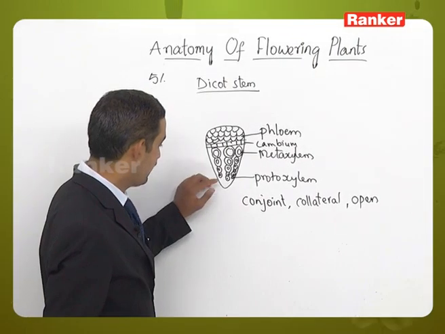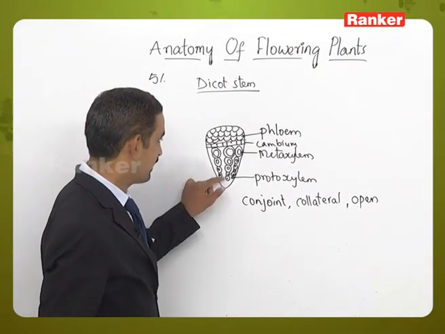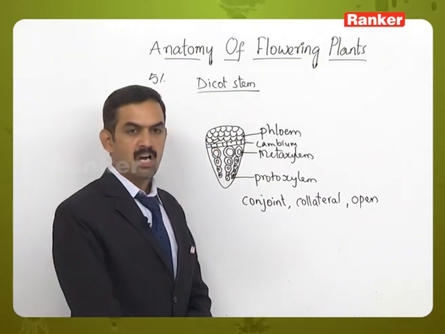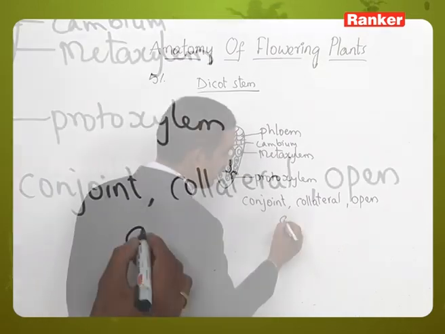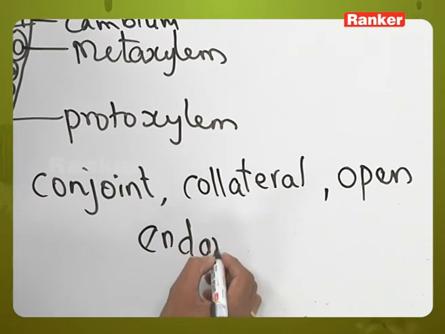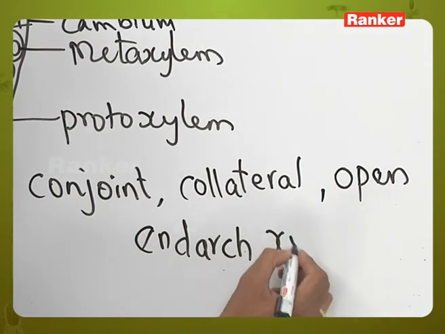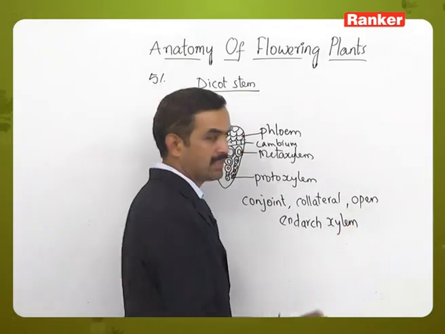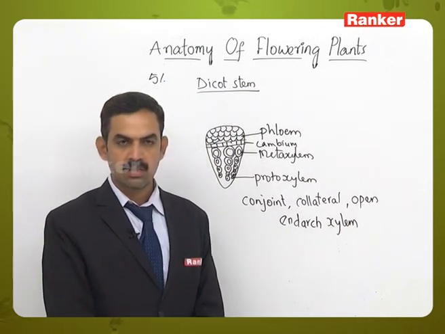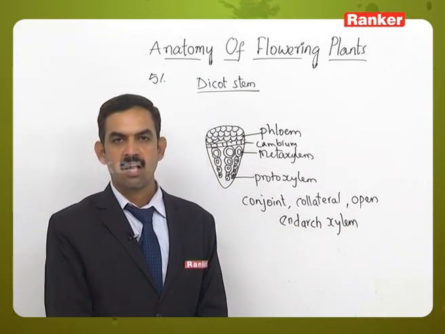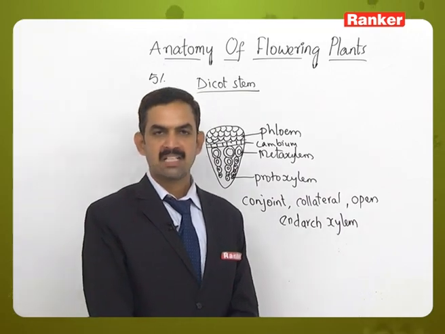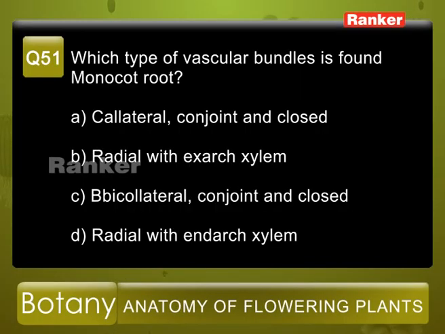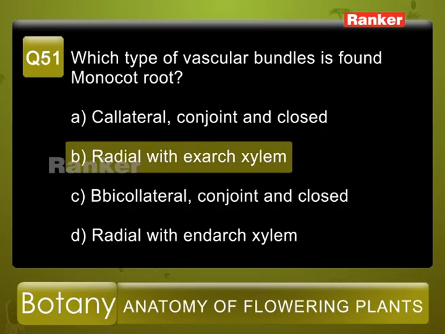At the same time, the protoxylem is towards the inner side and metaxylem is towards the outer side. So this type of xylem arrangement is called endarch xylem. So the dicot stem shows collateral, conjoint and open with endarch xylem. So from the given options, option A is the correct answer.